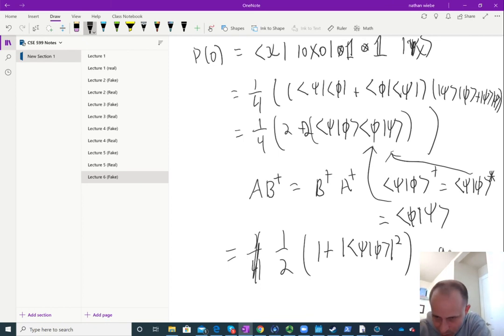Because for any constant, A is equal to absolute value of A squared, or is defined to be equal to that. Okay, and so this gives you a way of computing the inner products between two vectors. So that is the Hadamard and the swap test in a nutshell.